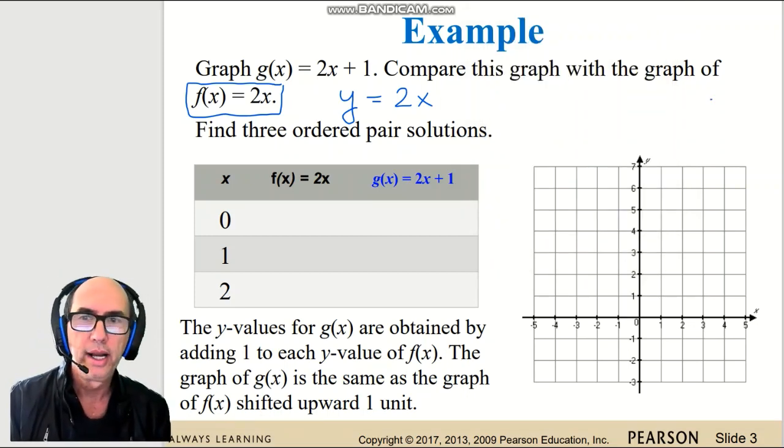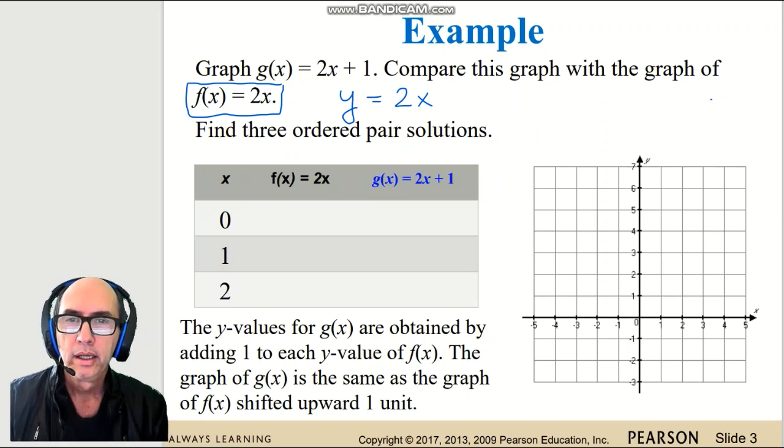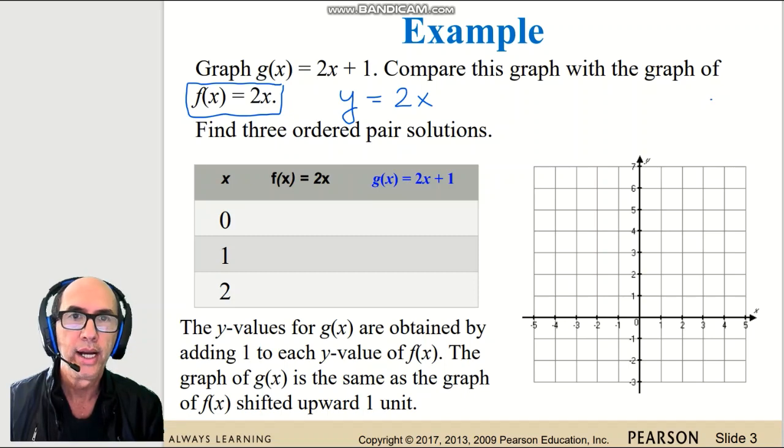We will guess values for x, plug them into the function, and find the value of y, or f of x. We have here two functions, f of x equals 2 times x, and g of x equals 2 times x plus 1.